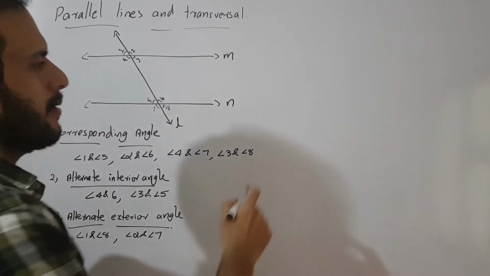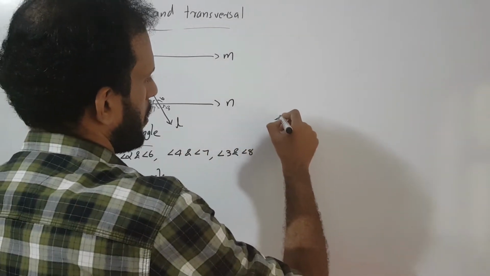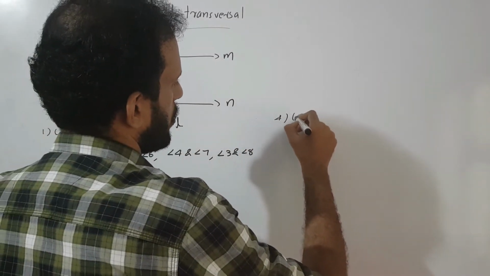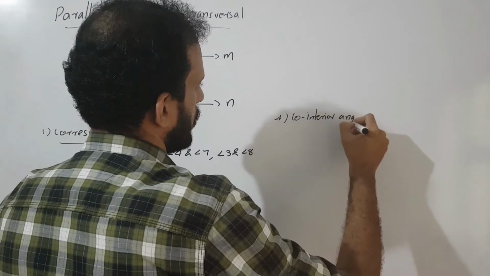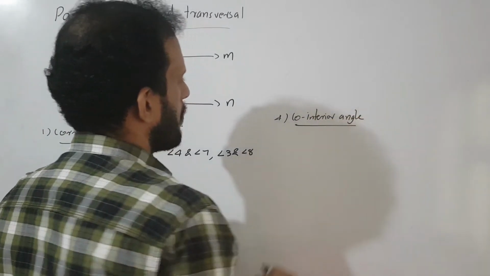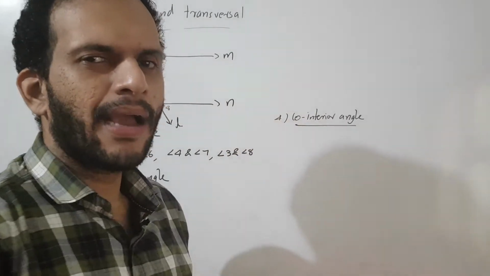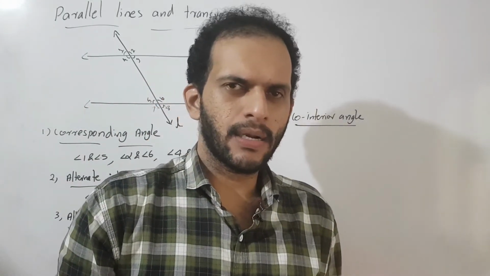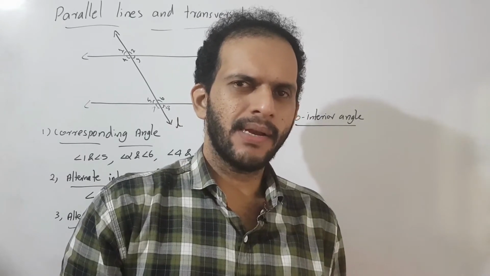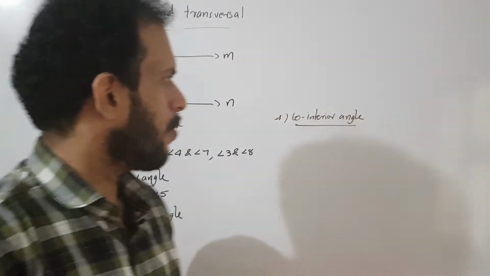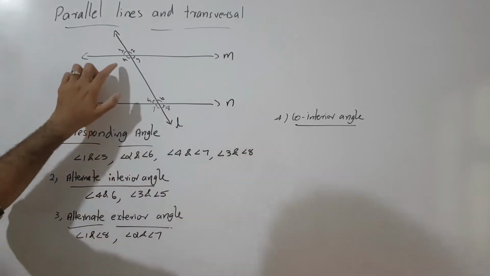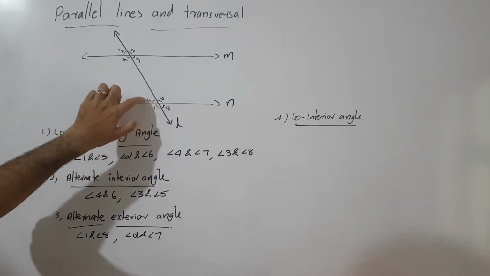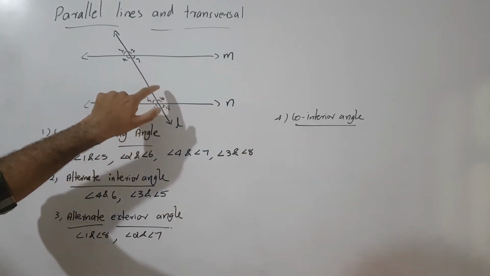Then one more kind, the co-interior angles. What is the other name of co-interior angles? The angles on the same side of the transversal. The co-interior angles are angle 4 and angle 5, angle 3 and angle 6.